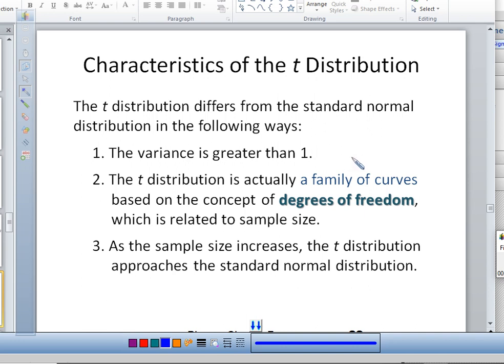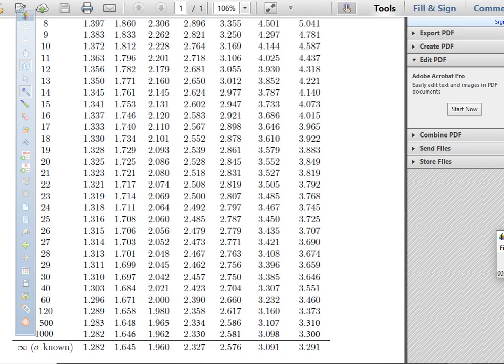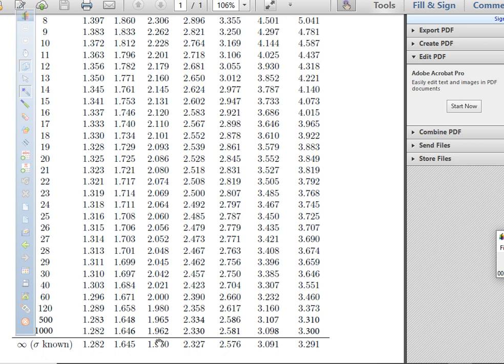If you look at this sheet, every single one of these represents a different curve. And if you look at the very bottom down here, the z-scores, you'll see that the z-table is much bigger than just these 7 scores down here.